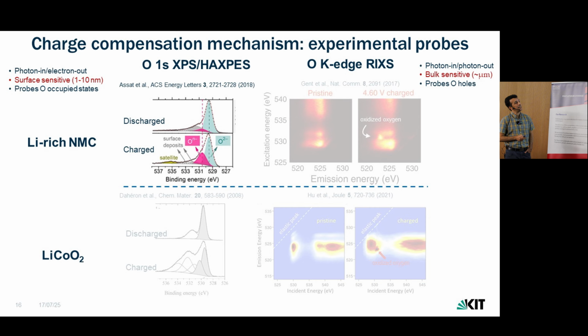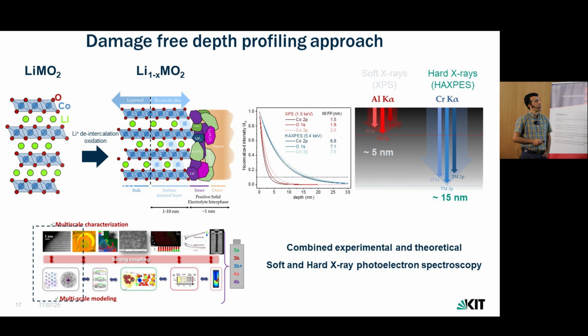Those two techniques are surface sensitive, so one can think that these are surface oxides, not really driven by the redox process, just something happening at the surface. But if we look with more bulk-oriented techniques like RIXS, we can see during the charge a new feature here, which is oxidized oxygen, and that work was confirmed in other works.